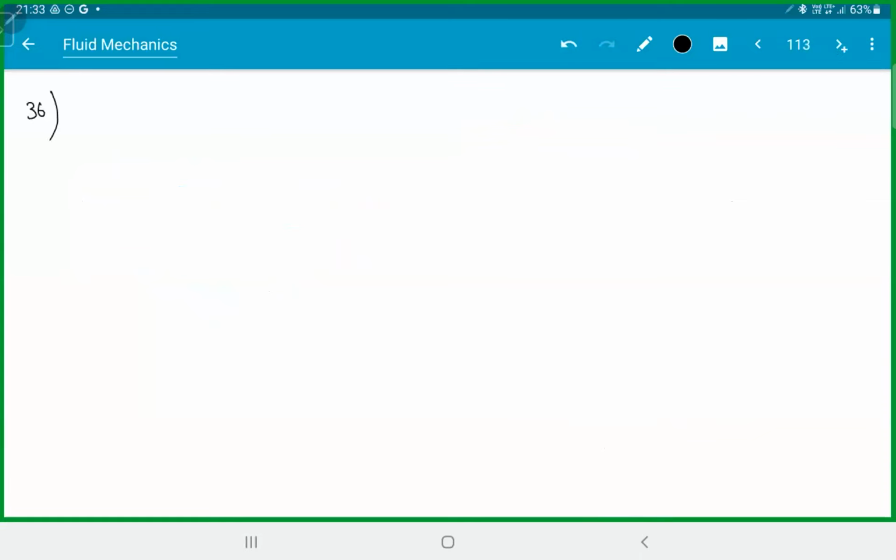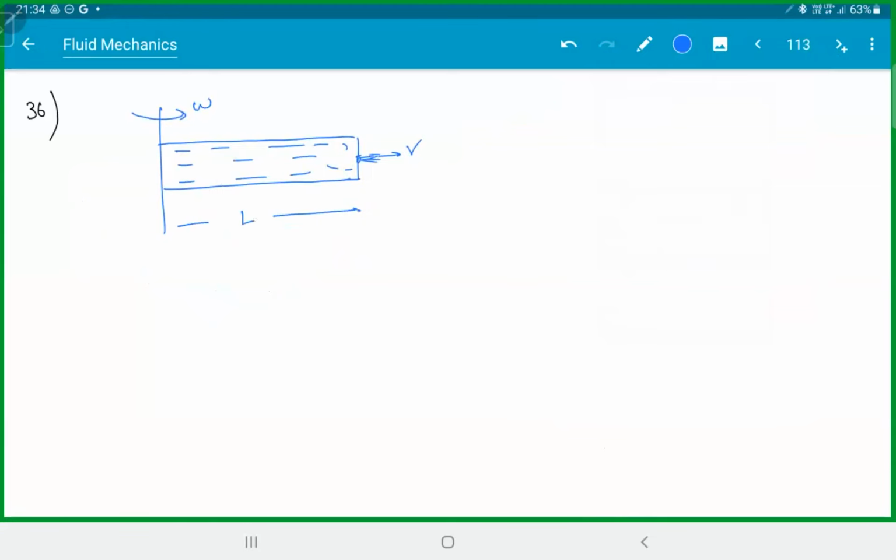Now, this thing, right? There's a variation of questions, but before that, let me show you something else. We have a container here filled with liquid, and you have a small hole here. The whole setup is rotated with omega, length L, density rho, neglect gravity.